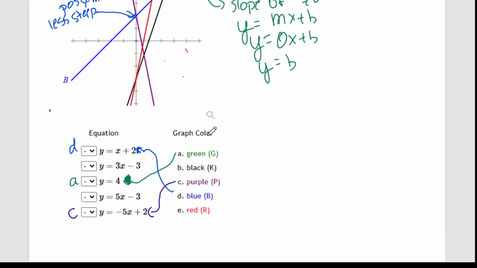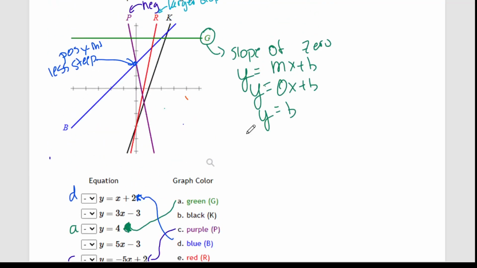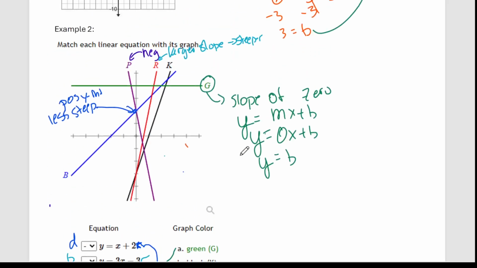And in particular, the equation with the larger slope that looks steeper would be this equation here, y equals 5x minus 3. That would be that, which leaves us logically with the last equation to be matched. y equals 3x minus 3 would be the one with the slightly shallower slope compared to equation R.